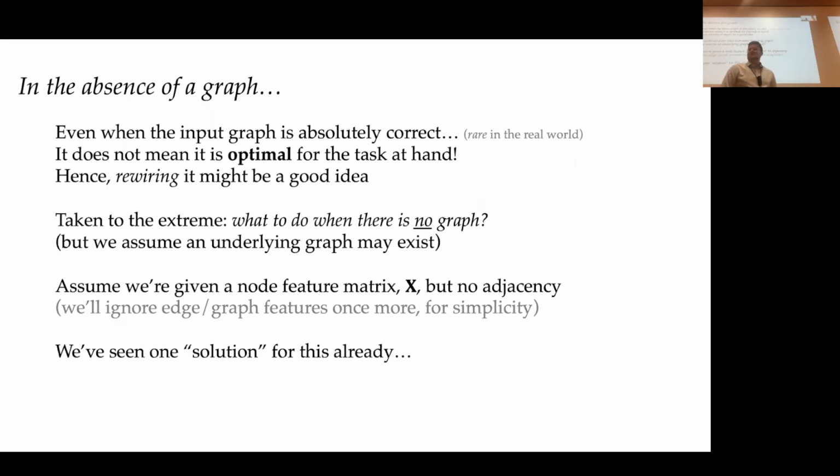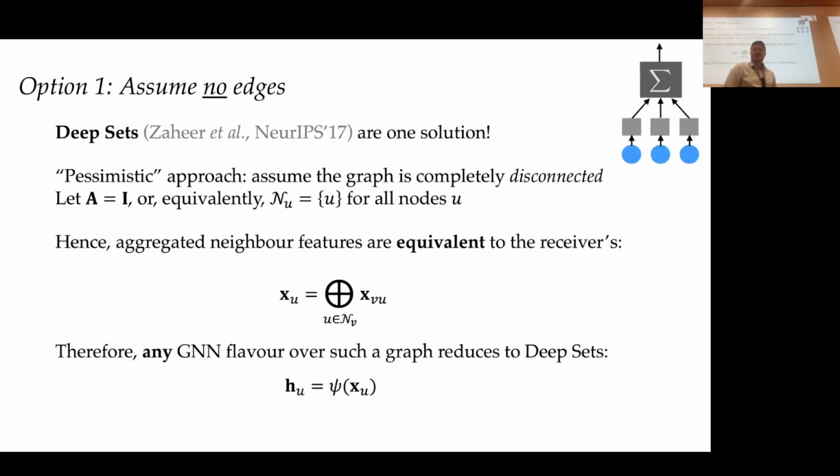And when you think about this, what to do with node features and no graph, you've kind of seen a solution for this already, right? Remember deep sets? That was basically a model for a bunch of nodes with no graph. It's a bit of a pessimistic approach, though, because as I said, with the set assumption, you're assuming that there are no edges to begin with, right?